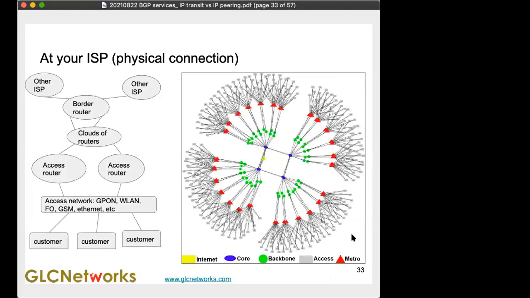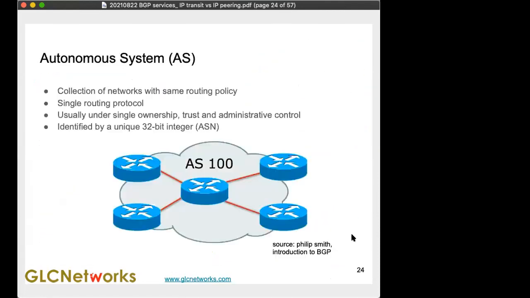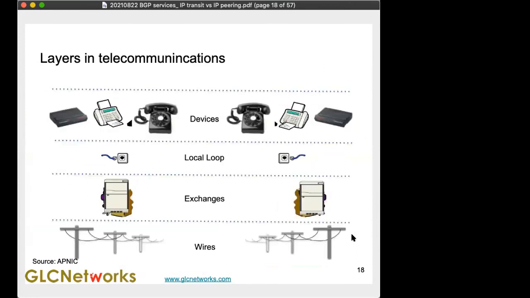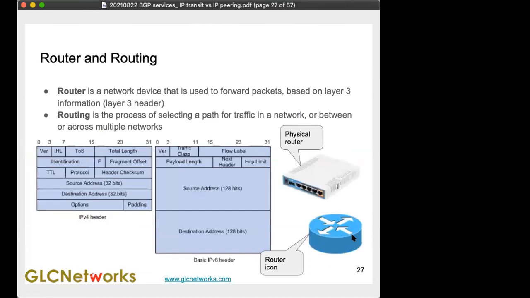So now let's talk about the protocol. We already have this physical connectivity. One aspect of communication on IP is routing, right? We already know routers, so what about routing?